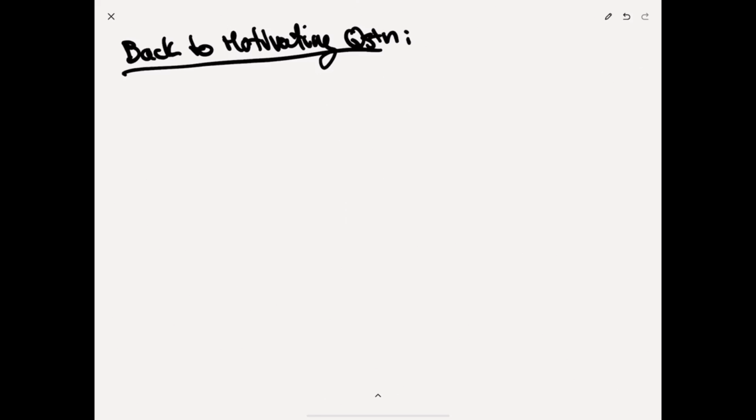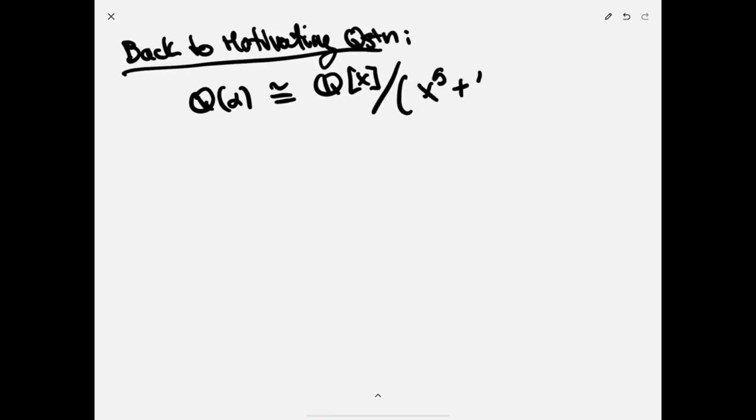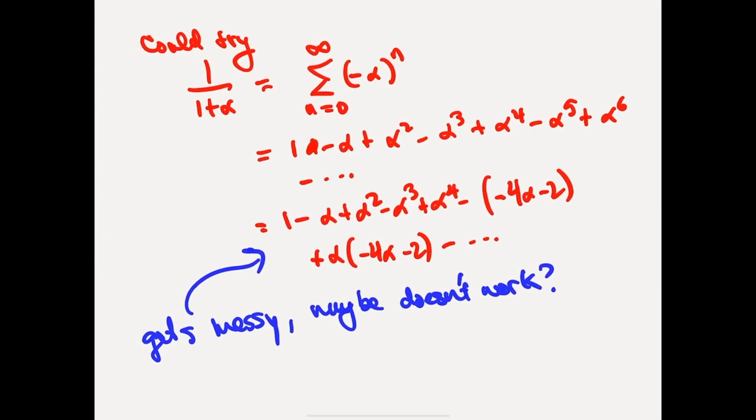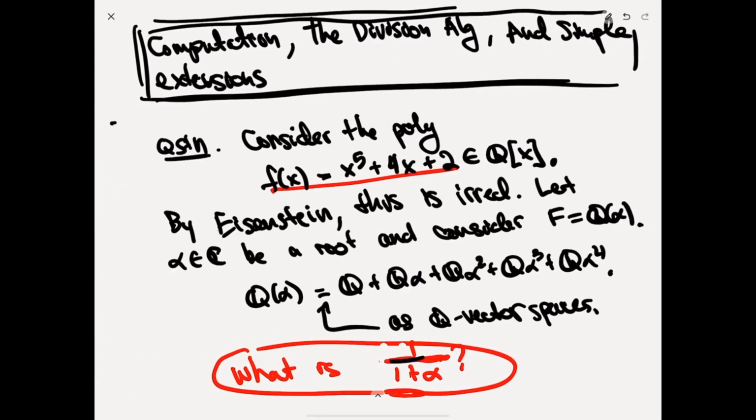So let me write it like this: Q adjoin alpha was isomorphic to Q adjoin x modulo x to the fifth plus 4x plus 2. So that was our polynomial, f of x. Let me just check that it was the same polynomial, that I didn't have minus signs. Go back. Yeah, 4x plus 2. Okay, so that's what we had.